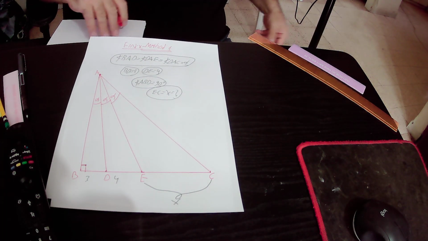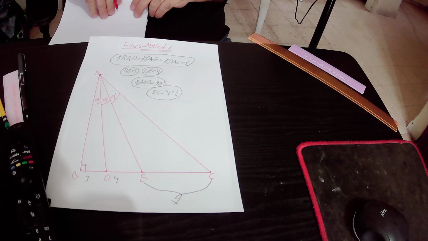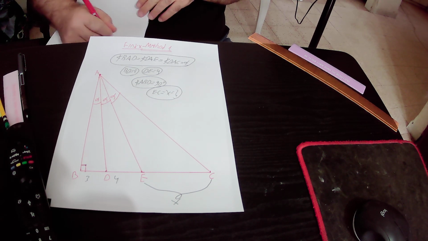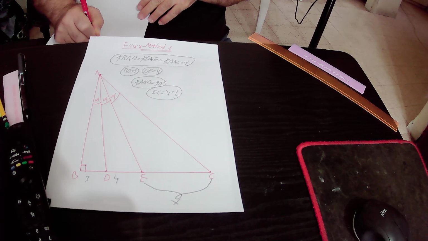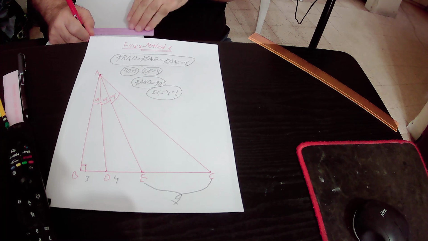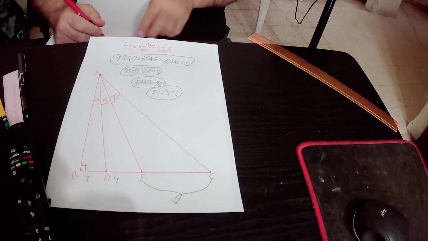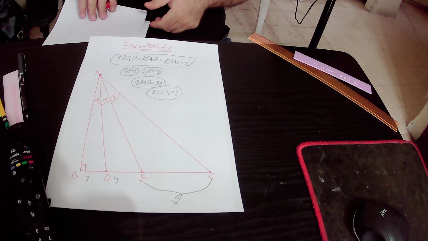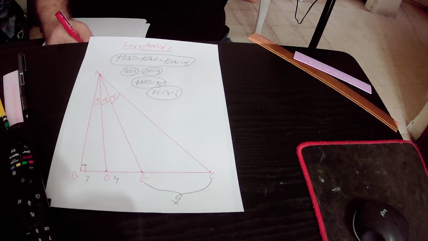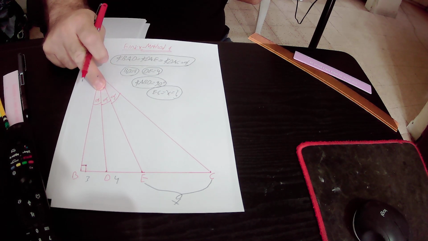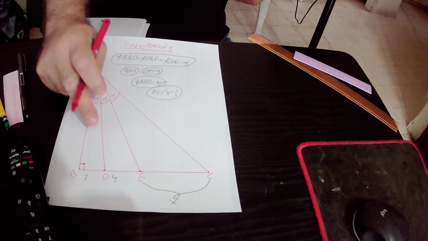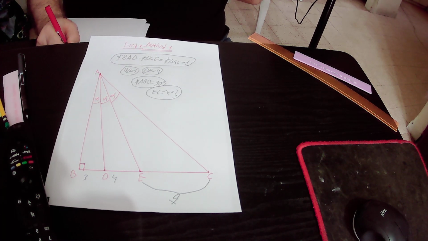So in the next step, we will focus on the right triangle ABE. So in the right triangle ABE, we know that tangent 2 alpha equals BE over AB.